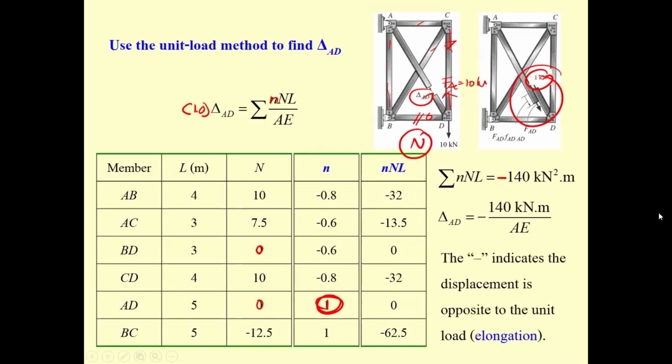It's going to be in the contraction. Now, for this, oh, sorry, this is going to be elongation, not... this one is going to be in the contraction, right? The unit load over here is opposite to this one. This one is going to move A and D close to each other, so it's going to be contraction. So negative is going to be elongation.